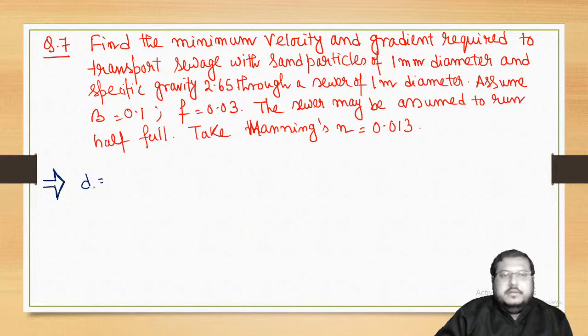Diameter of sand particle is given as 1 mm. So minimum velocity is nothing but the self-cleansing velocity.